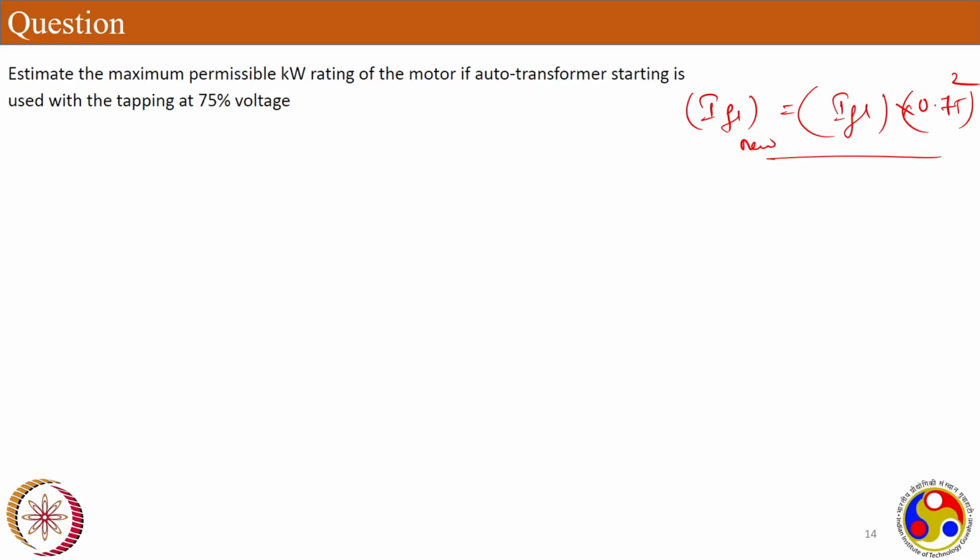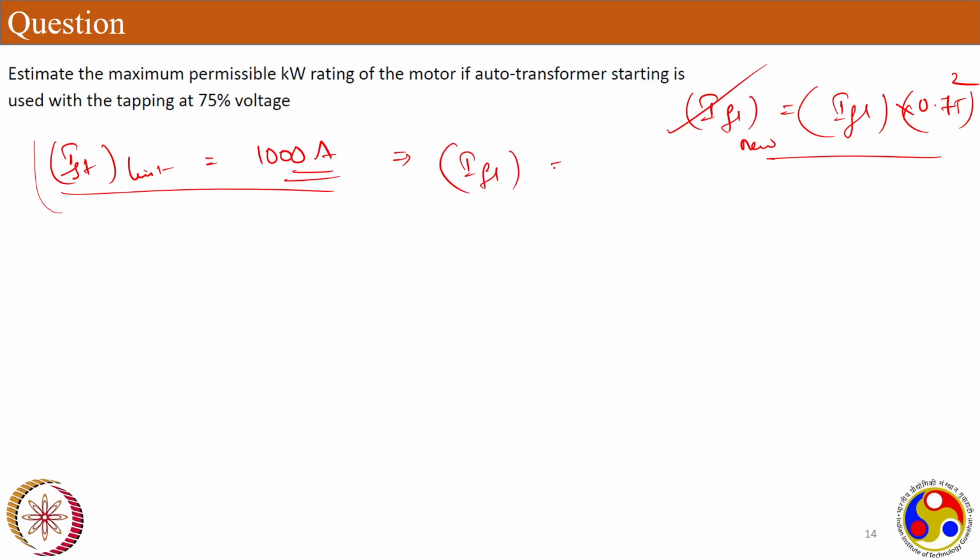Here the tap ratio is 75%. Now you know the new full load current, and you can calculate the output rating again. However, your starting current limit of the machine is 1000 amps. For this particular starting current, you need to calculate the new IFL. So how much is it?